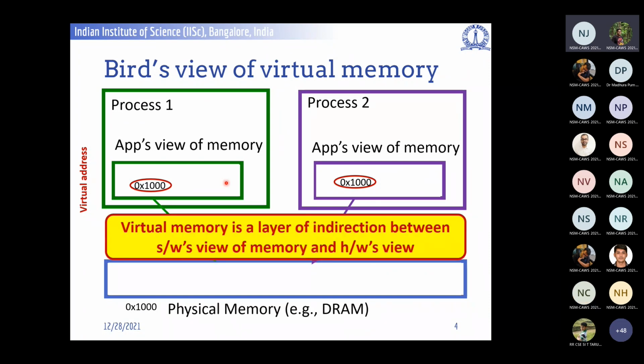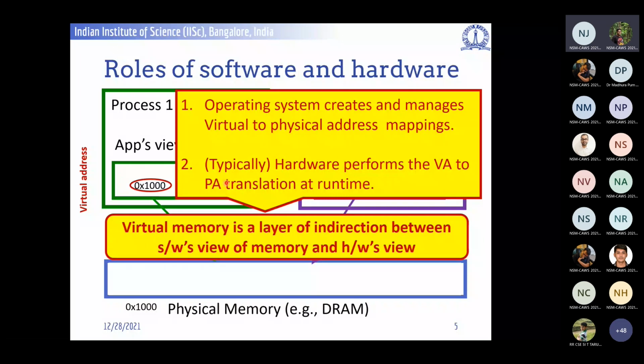This layer of indirection between software's view of memory and the hardware's view of memory is what we generally call virtual memory. At a very high level, there are two questions. One is, who decides the mapping? There can be hundreds of processes running on a system at a given point in time.